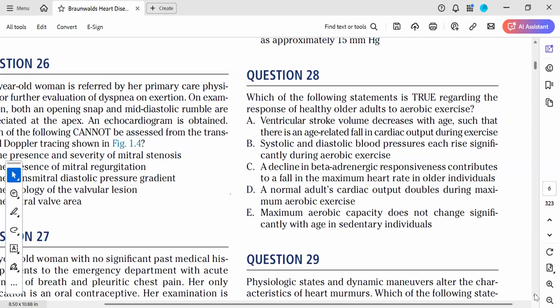Because of the increase in heart rate, it's expected in normal physiology that the cardiac output is also going to increase. Now, in older adults, because of the blunted beta adrenergic response, the usual heart rate increase that we see during aerobic exercise is blunted.